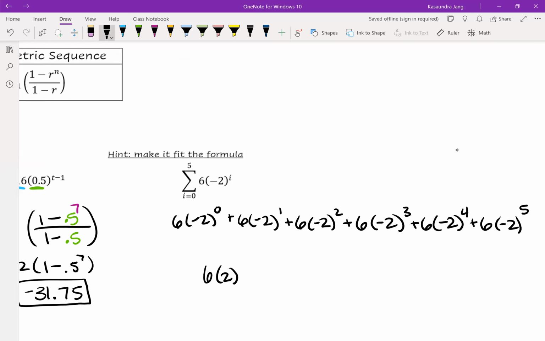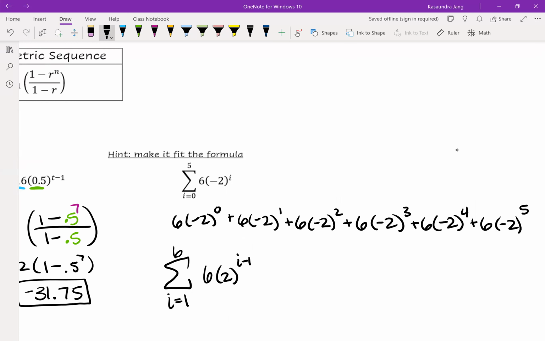Okay, so let me see if this works on everything. When I plug in my 1, 1 minus 1 is 0. Okay, check. Plug in a 2. 2 minus 1 gives me this 1. Okay, plug in a 3. 3 minus 1 gives me the 2. 4 minus 1, 5 minus 1. That means I end at 6 minus 1. So I think this top number up here where I end has to be a 6.